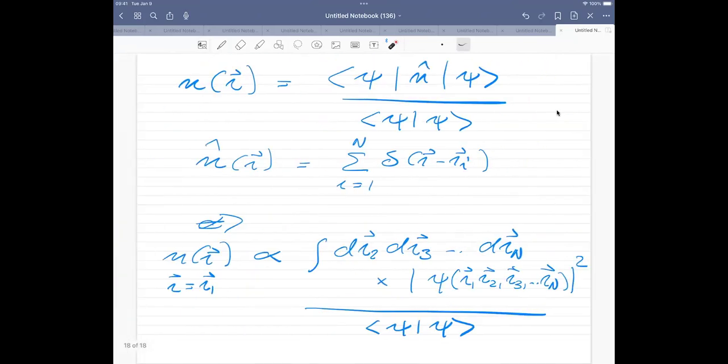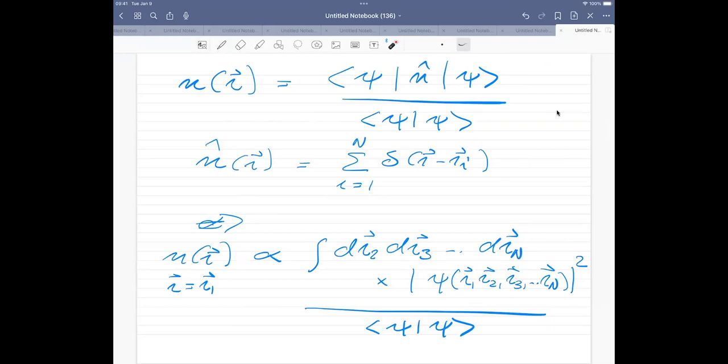However, if you have a more complicated solution to the problem, then you would need to perform this integral. So if somebody gives you the exact solution, this defines the one body density, where you integrate out all the other degrees of freedom. And this represents simply the probability of finding one particle in a specific position.